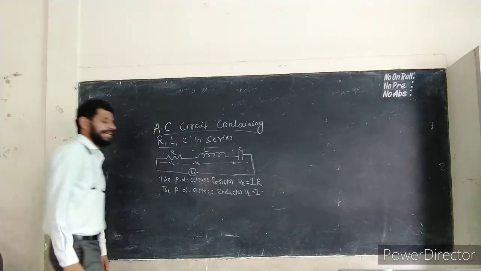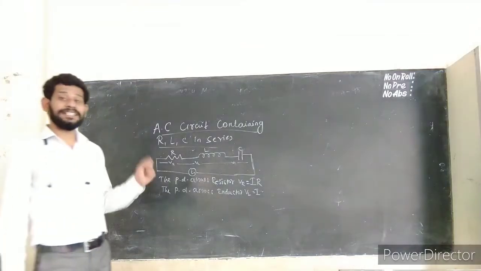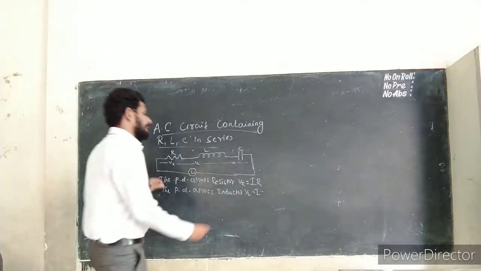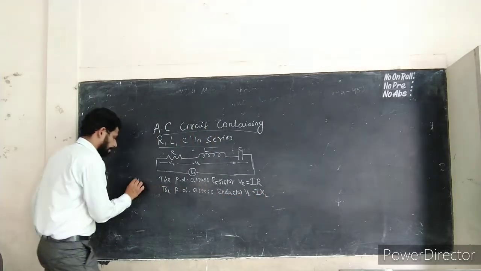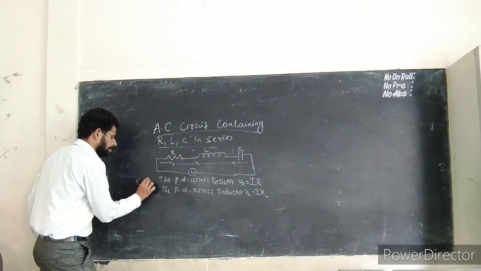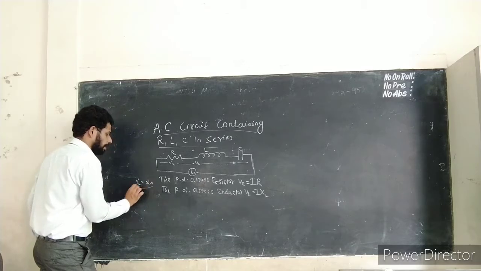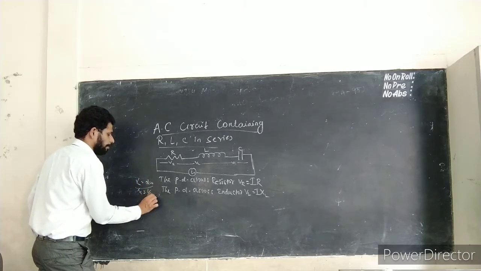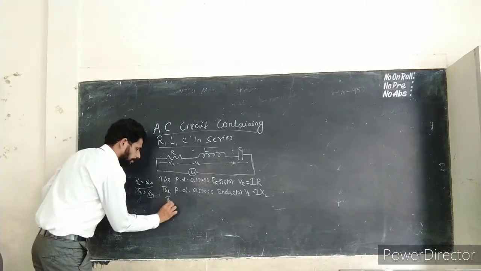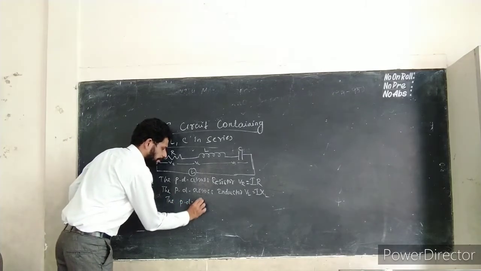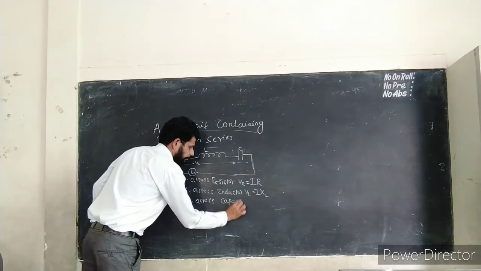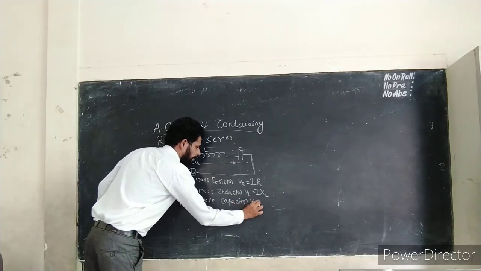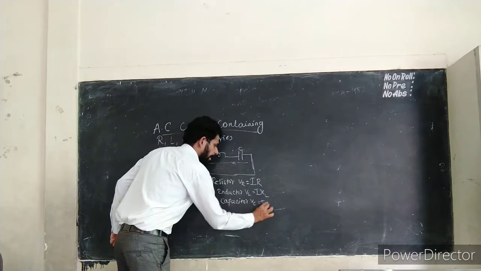The potential difference across the inductor is VL, equal to I XL, where I is the maximum current flowing through the conductor and XL is the inductive reactance. XL is nothing but L omega. XC is nothing but 1 by C omega. The potential difference across the capacitor, VC, will be equal to I XC.